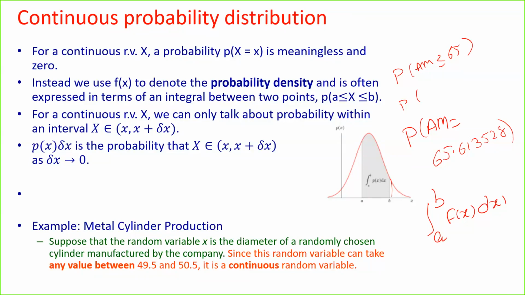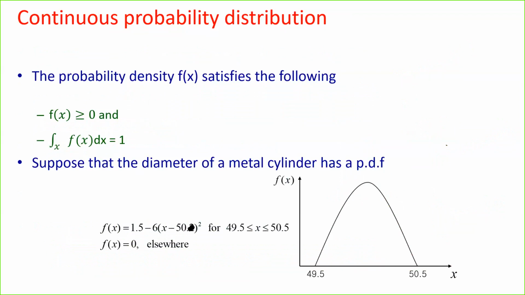Because the diameter can be anywhere between 49.5 and 50.5, this is an example of a continuous probability distribution. Okay, convinced that it is a continuous random variable?